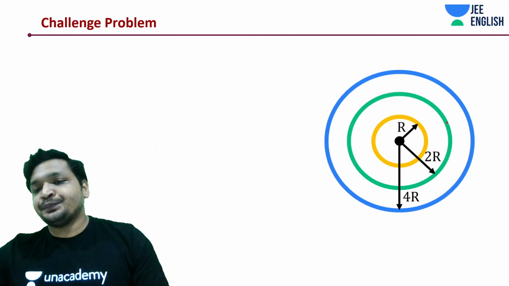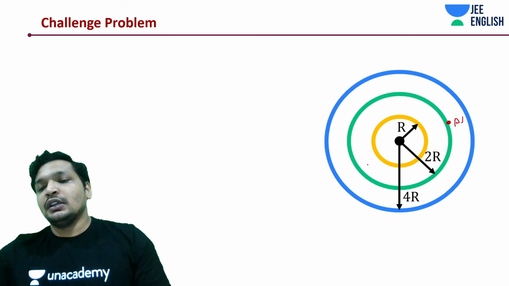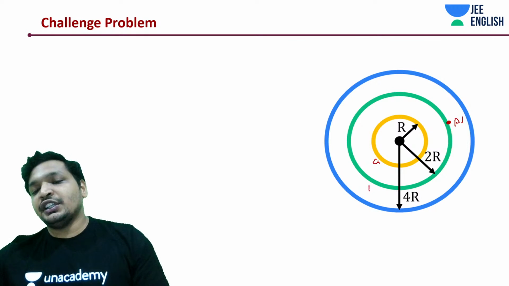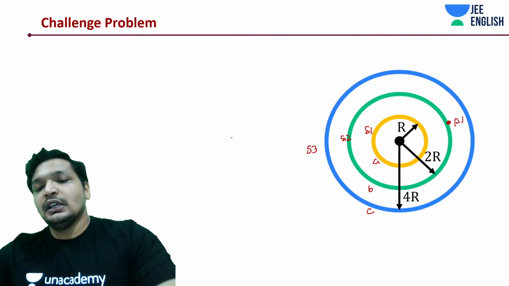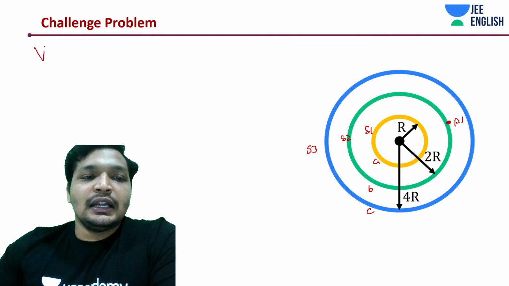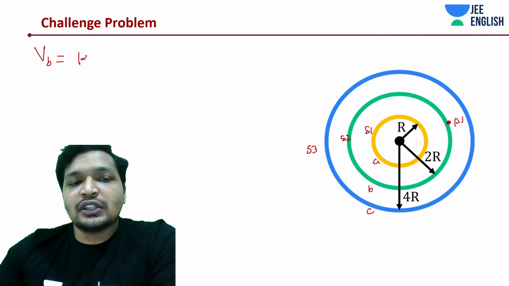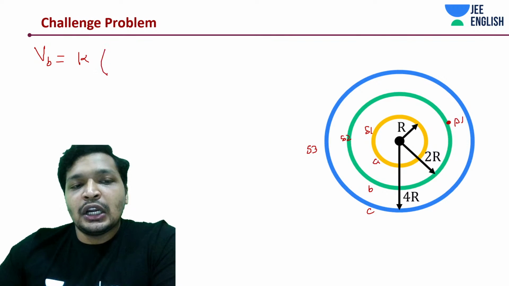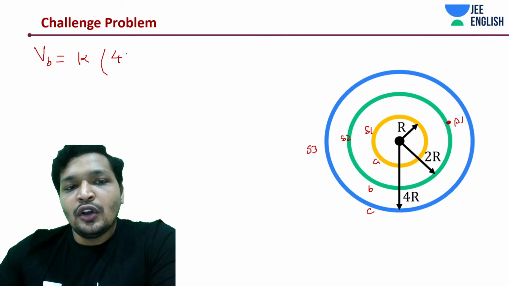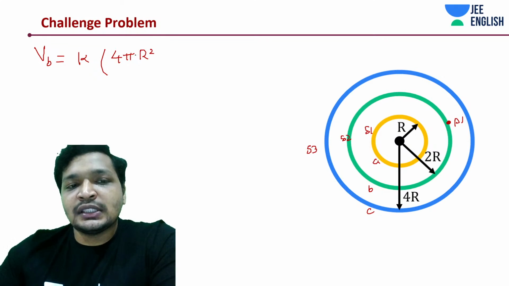All right, P dash. So shell A, shell B, shell C, surface 1, surface 2, surface 3, and relabeling it, the potential at point B due to 1 is going to be K is common, and QA is how much? 4 pi R square into sigma.